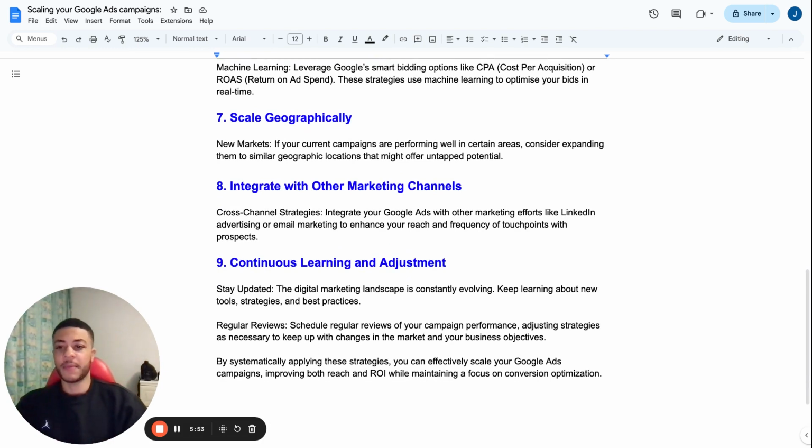So let's say you're advertising in the US and you ship to Canada or the UK, those are pretty similar demographics in terms of people, all English speaking, all at least semi-wealthy. They're all Western countries. So you might want to look into going into the UK and Canada if you are an e-commerce brand.